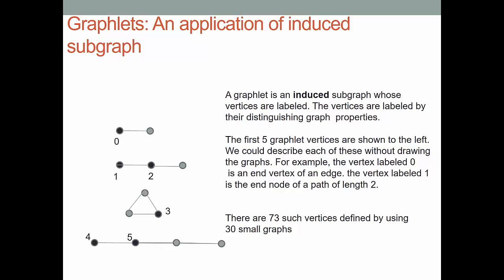And then in the fourth graphlet, once again we have 2 distinct nodes, one of the peripheries and one of the internal nodes of degree 2. So this process continues with 30 small networks. And by the time we've labeled all 30 small networks, we're up to 72. And since we started the labeling at 0, there are 73 distinct nodes.